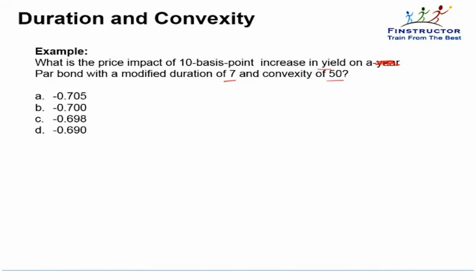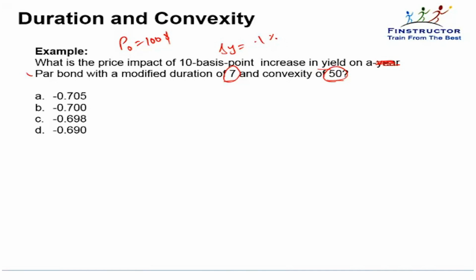It's a par bond, that means the current price P naught is $100 or $1,000. So please take a note, duration is 7, convexity is 50, that is effective convexity, price is 100, and delta y is 10 basis points, that is 0.1%, that is 0.001.